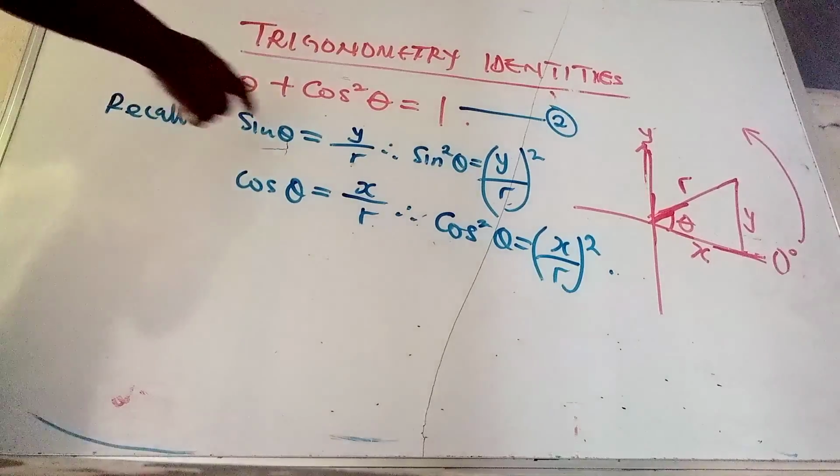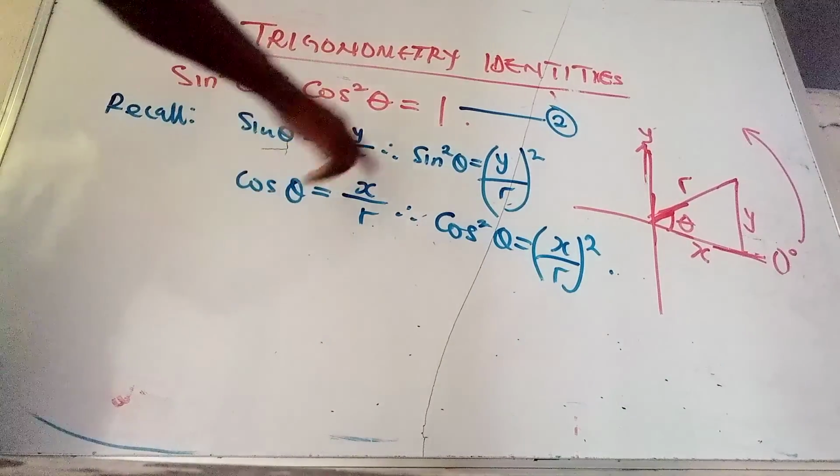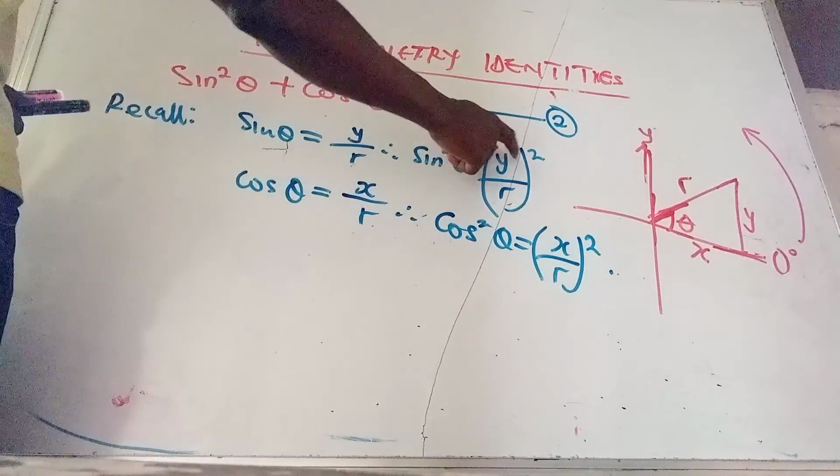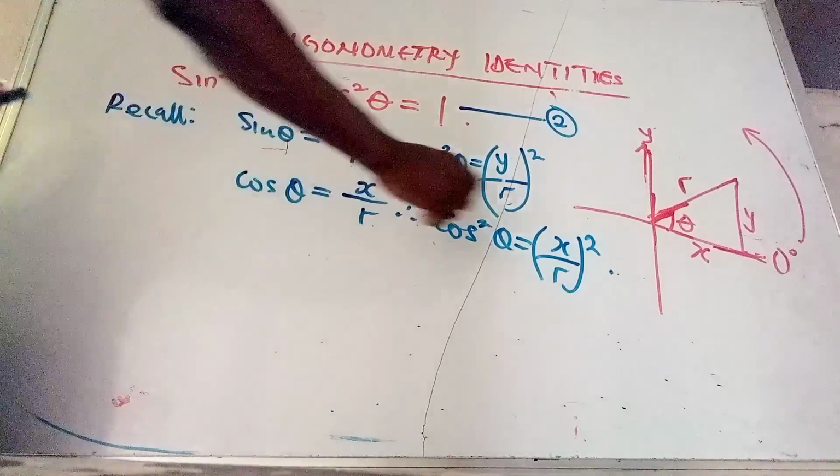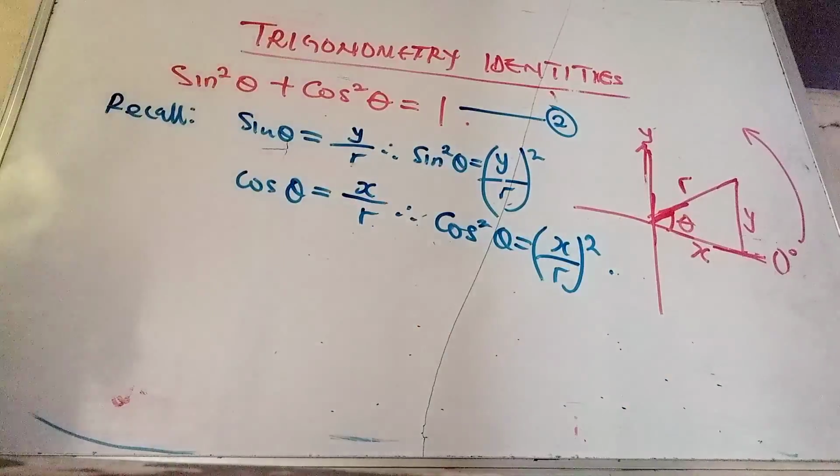Now, if I square sin theta, that will give me y over r all raised to power 2, and if I square cos theta, it will give me this raised to power 2.